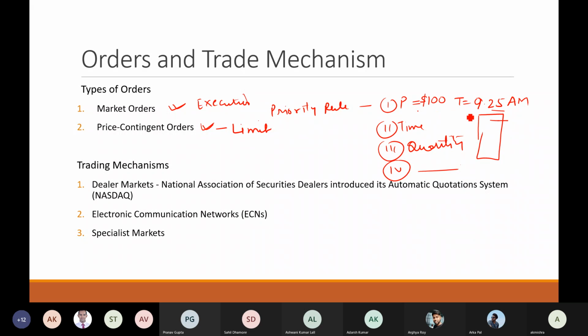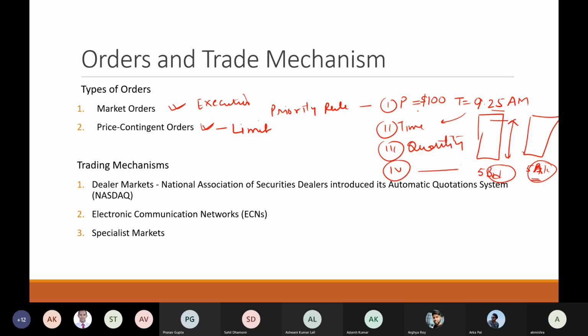Same way, there could be many other orders. Even if you look at the NSE website, they provide a snapshot of 5 best bid and 5 best ask prices. Ask means selling price and this is buying price.